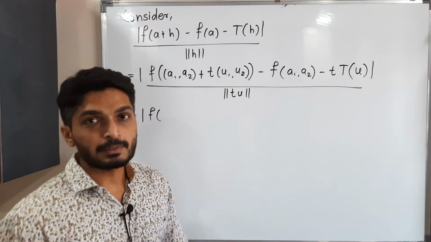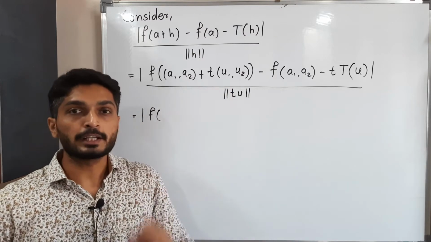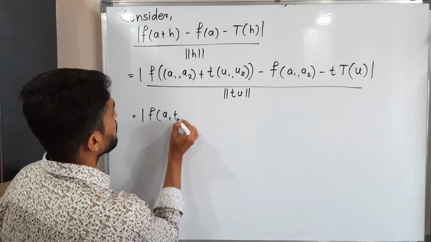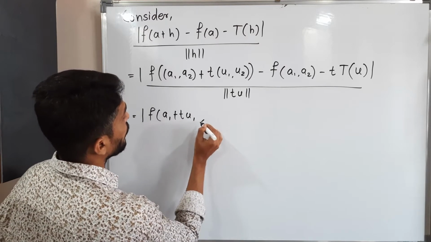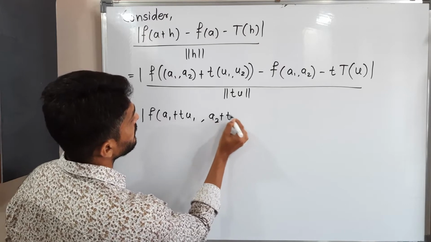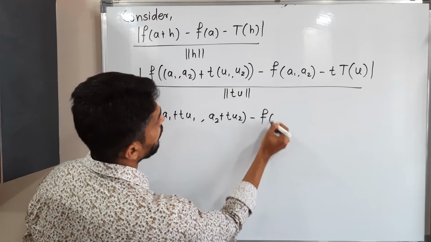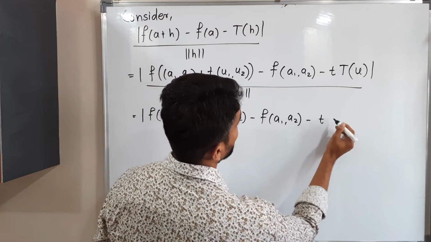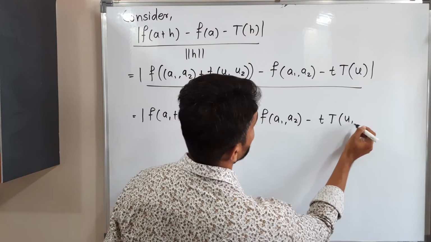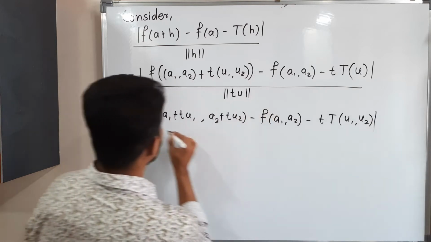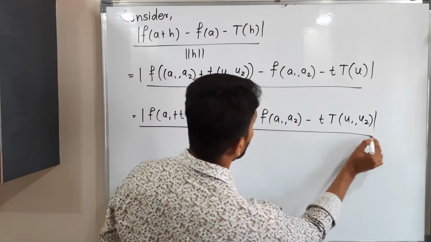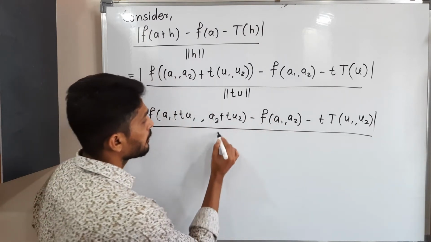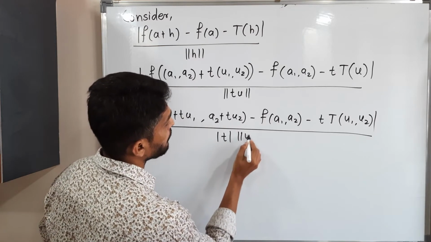If you simplify, multiplying each component by t and adding component-wise, we have f of (a1 + tu1, a2 + tu2) minus f of (a1, a2) minus t T of (u1, u2), divided by, since small t is a constant, it comes outside as mod t times the norm of u.